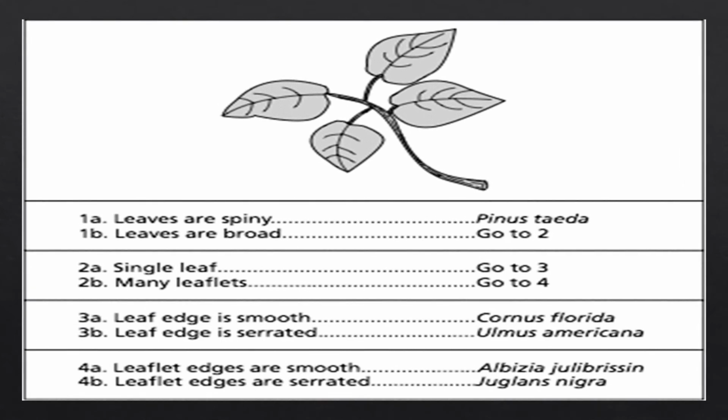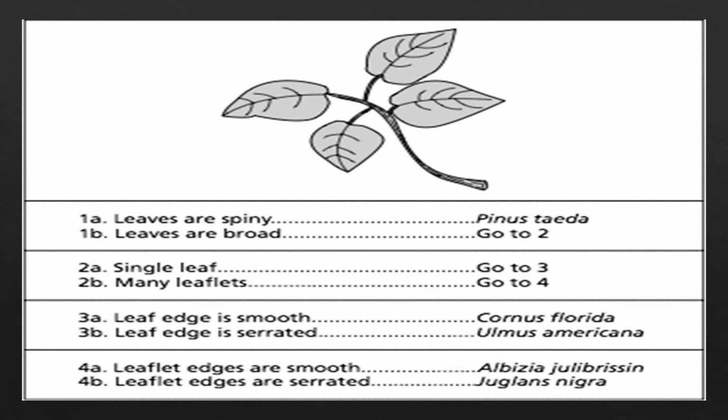So let's take a look at this example really quickly, and I'll show you how you can use the dichotomous key to identify items. So here we have a leaf, or a tree branch with leaves on it, to be more specific. So we always start at number 1, question 1.